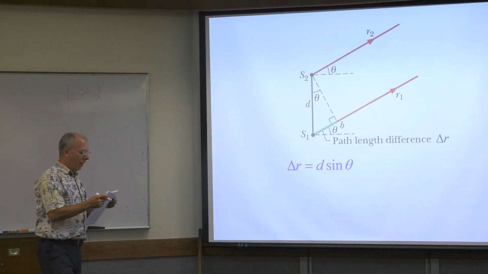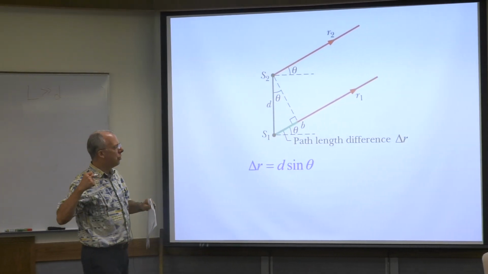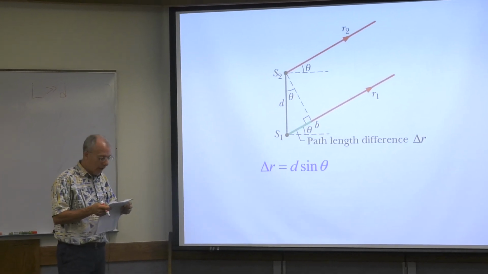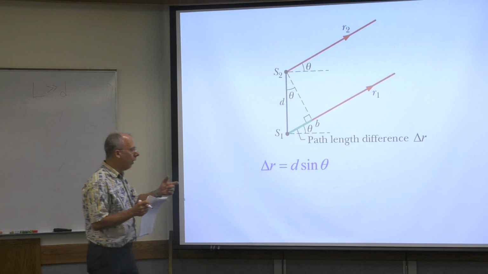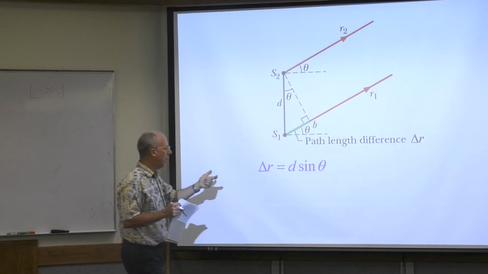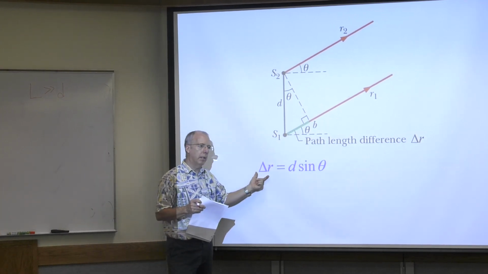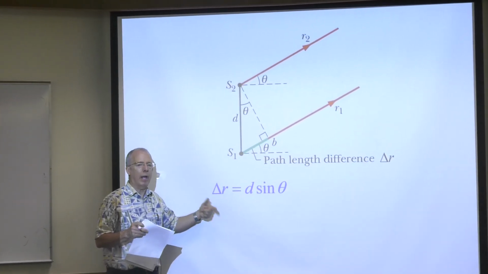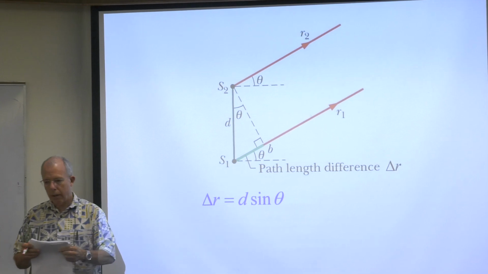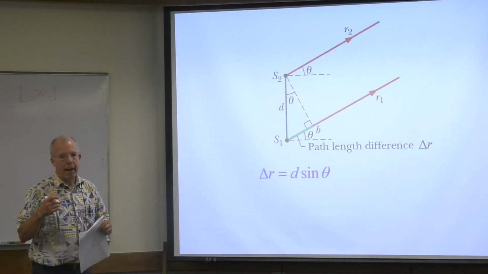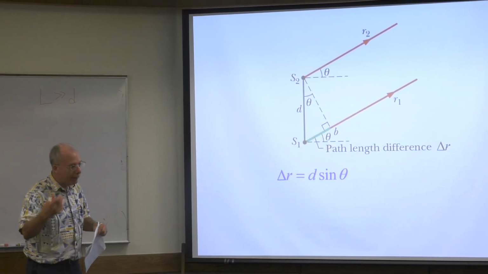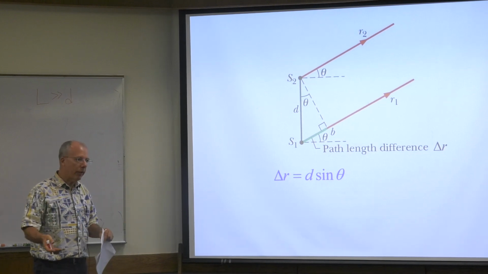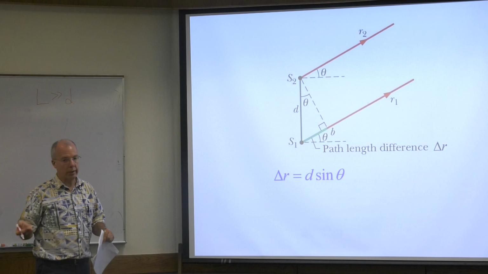Now, we want to have constructive interference. So therefore, just think back to the previous chapter, what do we want the path difference to be? Do we want it to be a half a wavelength, a full wavelength, 2 wavelengths? Well, I hope you remember, if the path difference is 1 wavelength or 2 wavelengths or 3 wavelengths, we'll get constructive interference. If it's a half a wavelength or 3 halves, we'll get destructive interference.